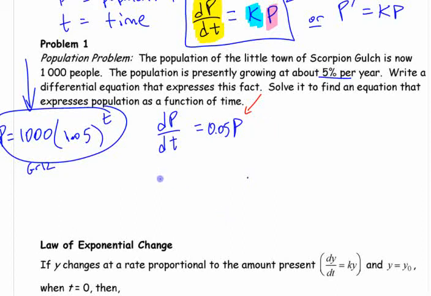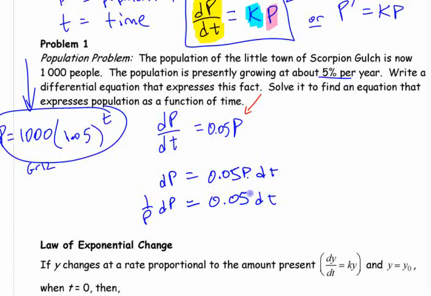So you can have dP equals 0.05P times dt, but that P has to be on the other side. So you can write it as 1 over P dP equals 0.05 dt. Then you can integrate both sides.